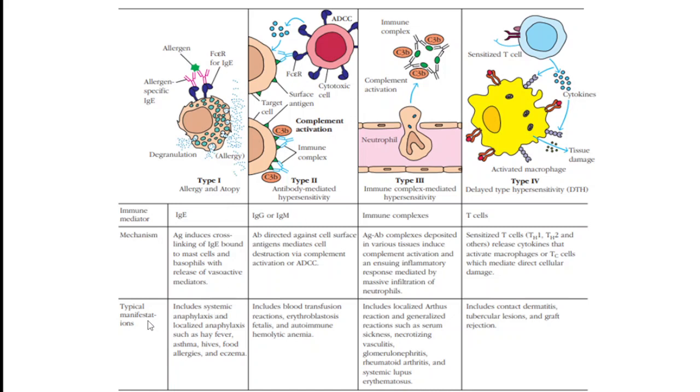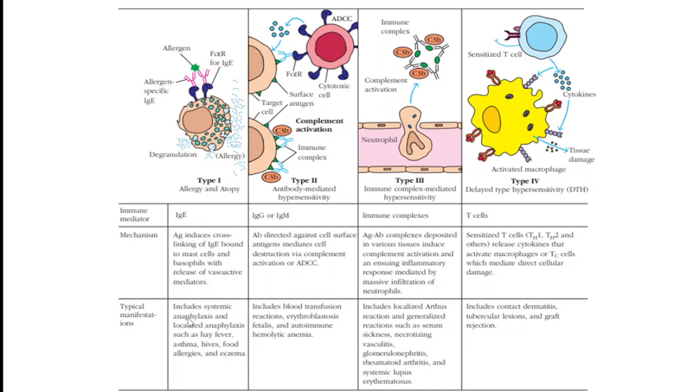Next you need to know the typical manifestations. For example, for IgE, you need to remember the words anaphylactic reaction, hay fever, asthma, food allergy, beehives. That's what the question was asked about, bee venom, and eczema. These will come under type 1. Examples for type 2 mediated hypersensitivity include blood transfusion reaction, erythroblastosis fetalis and autoimmune hemolytic anemia.